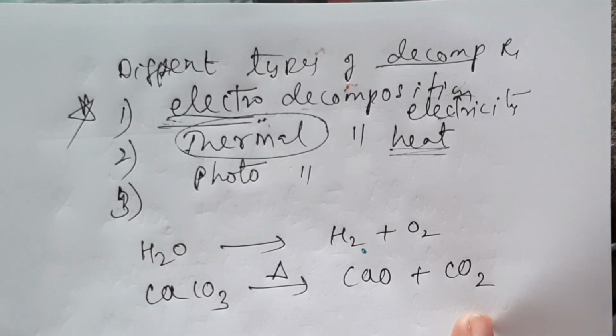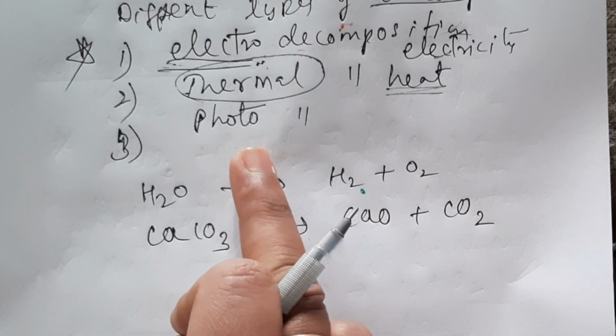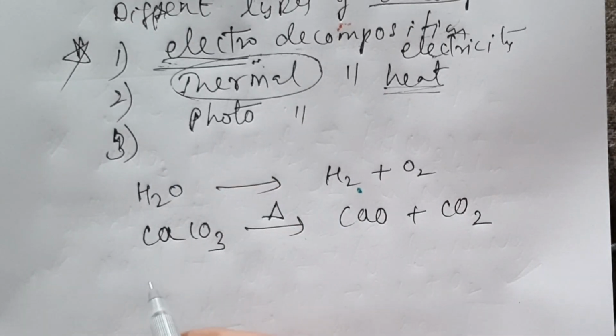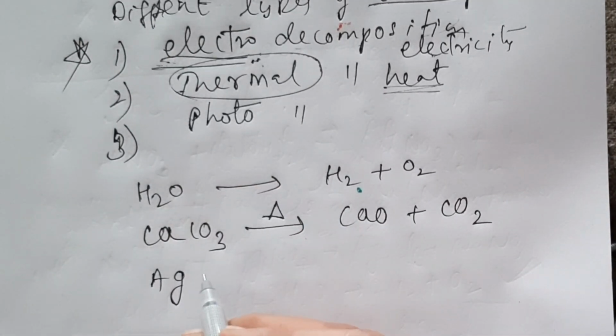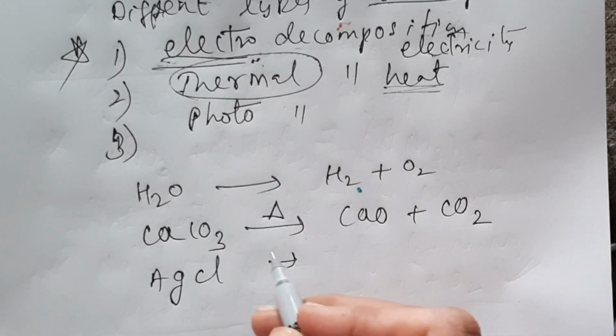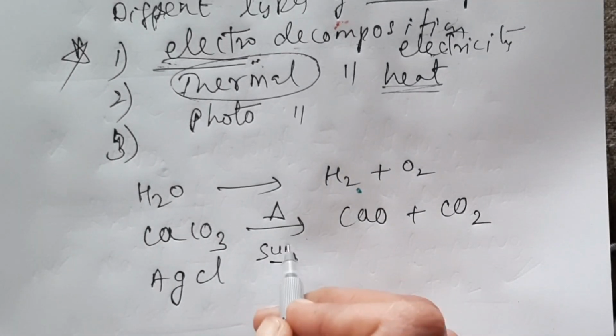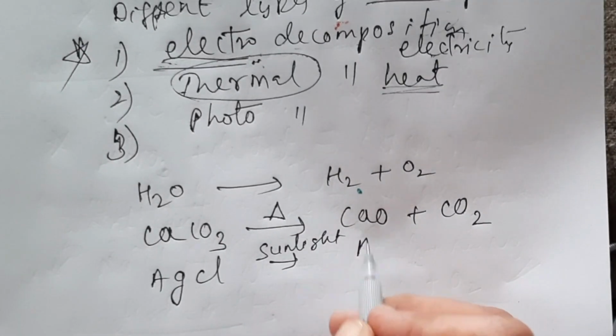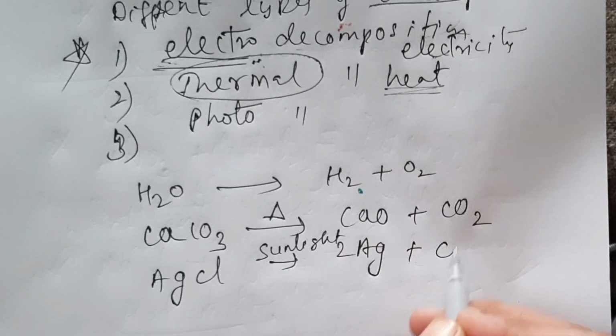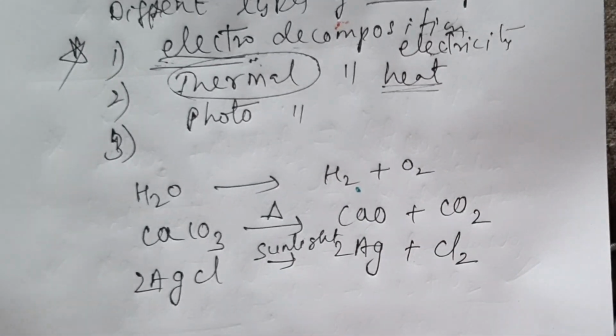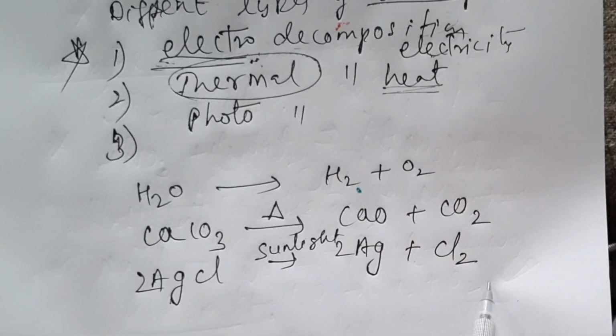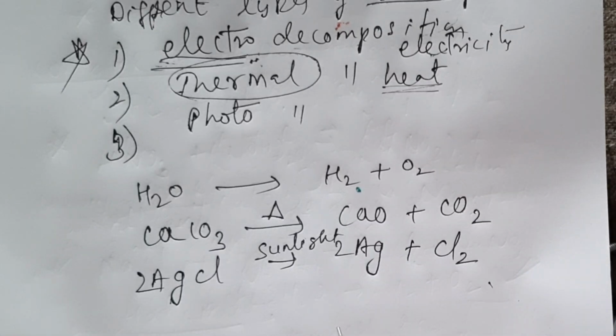This is thermal decomposition. Photo decomposition is when the decomposition is carried out in the presence of sunlight. So AgCl in the presence of sunlight will convert into Ag and Cl2. This is an example of photo decomposition. Very simply you can write.